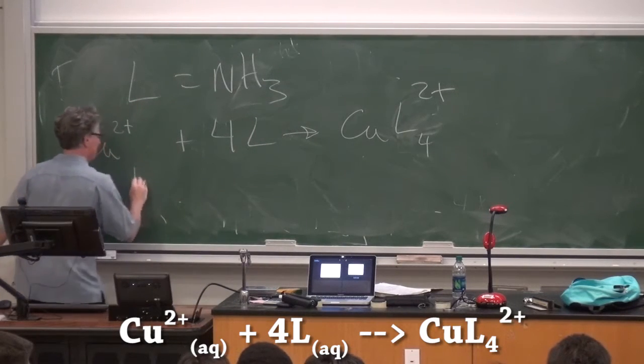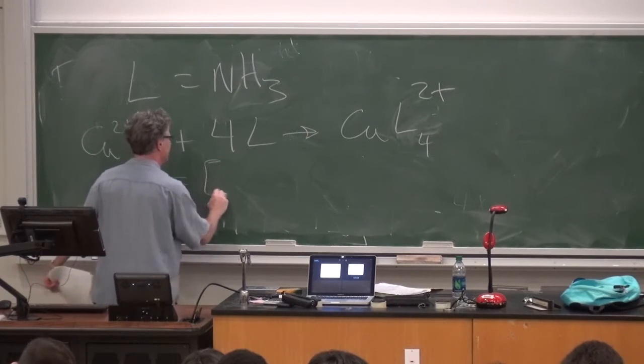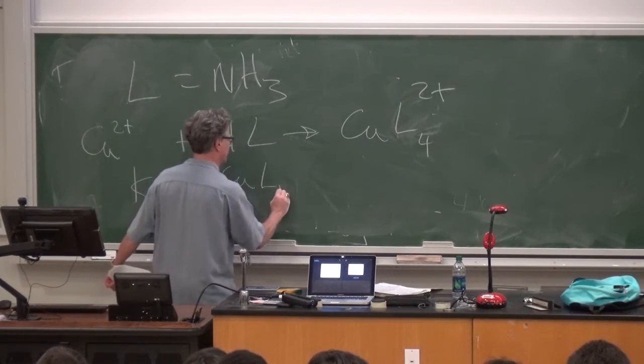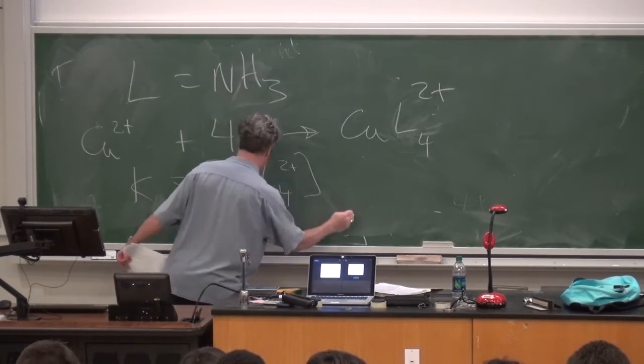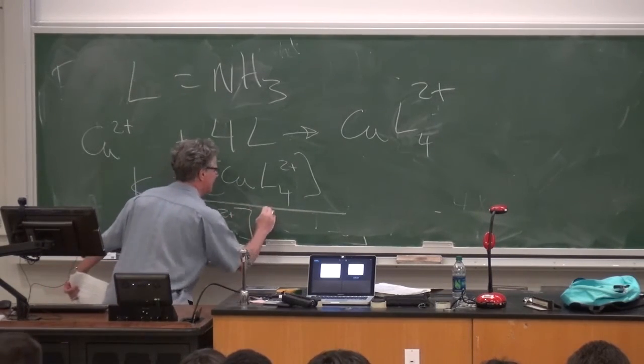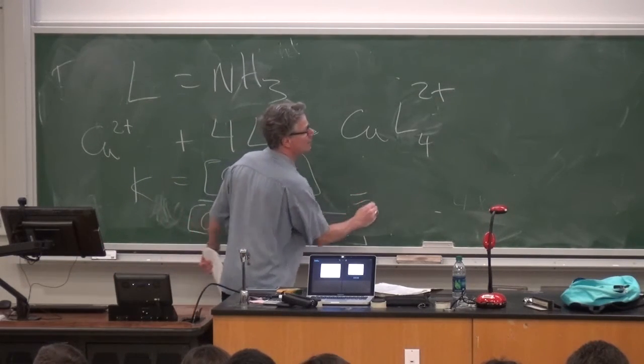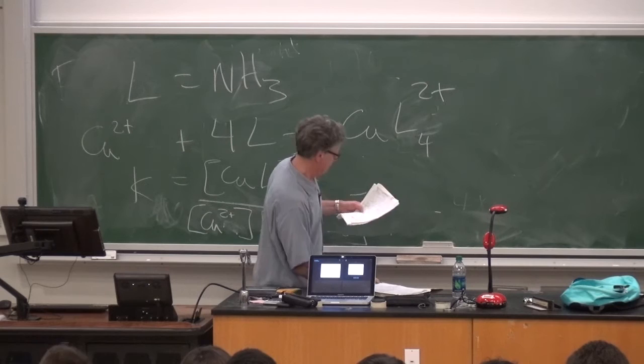And we can describe that by a big K, which is the equilibrium concentration of that, over the equilibrium concentration of that, times the equilibrium concentration of that to the 4th power, and what's that number?